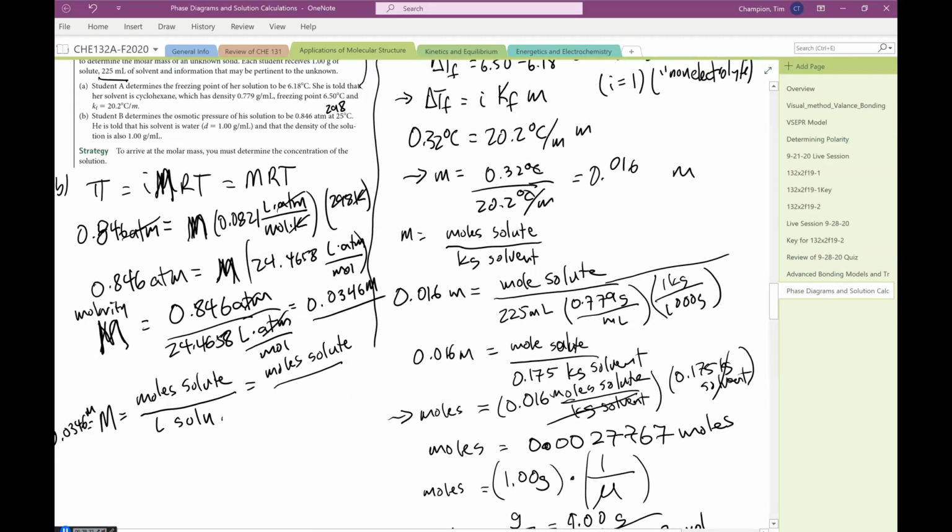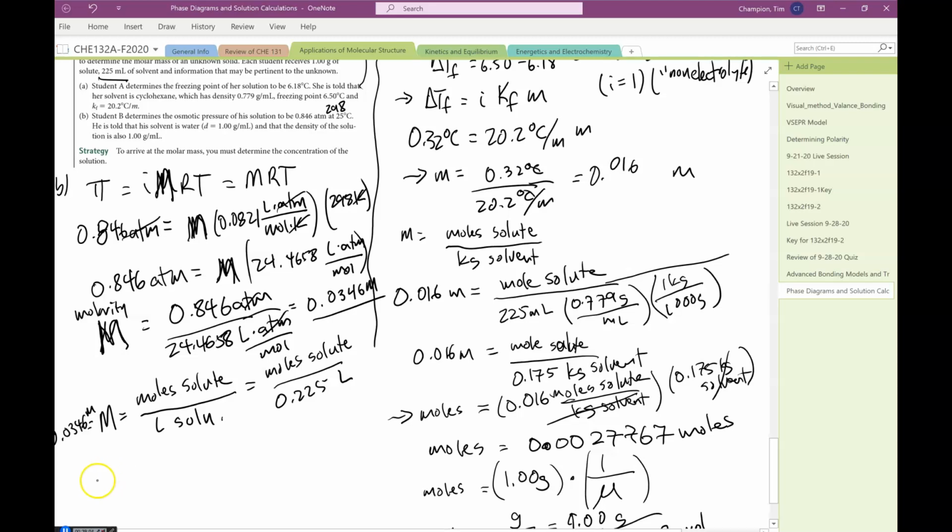So the densities of the water and the solution being the same tells us that the 225 milliliters is going to be the same volume for the solvent and the solution. So we're going to say this is 0.225 liters. What I did there was take 225 milliliters and multiply by 1 liter over 1,000 milliliters, and that gives me 0.225. Again, just move that decimal point over, something you should be comfortable with.